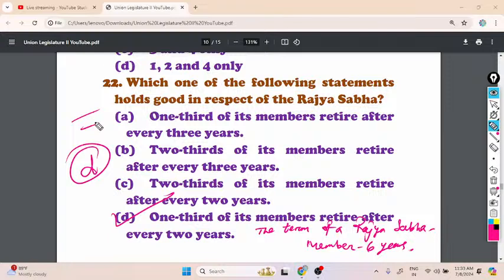There are some more previous year questions left for discussion. I am also adding OPSC questions in between, and I am explaining why this should be the answer and why that should not be, citing some examples within the limited time. So I hope this is going well for all of you.